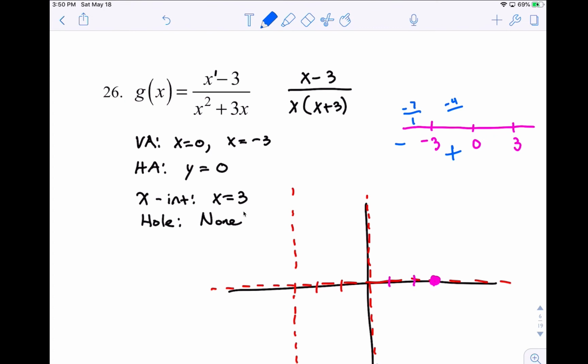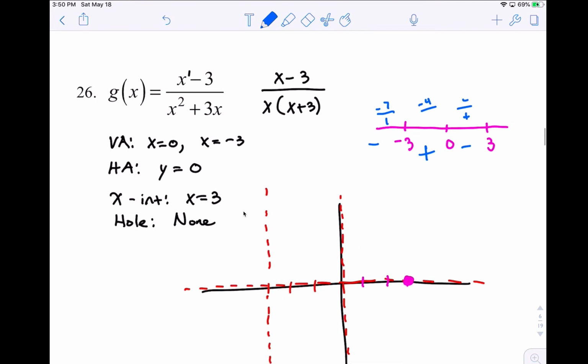Negative over negative. And then if I plug in 1, I'm going to get a negative over a positive, so that's negative. And then if I plug in, say, 4, that's going to give me a positive over a positive, so that's positive. All right.